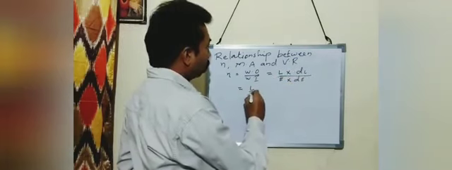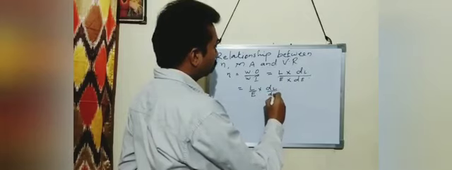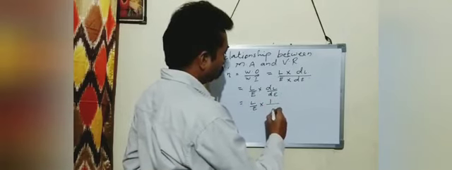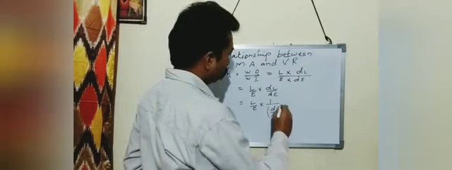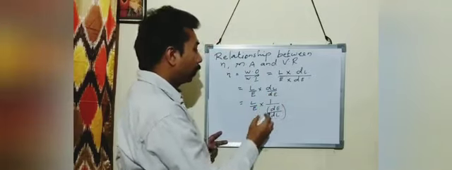So this can be written as load upon effort into dl by d, which is load by effort into 1 upon d by dl. 1 upon d by dl is the same as dl upon d.